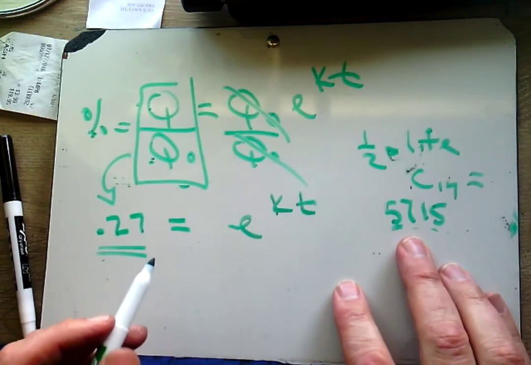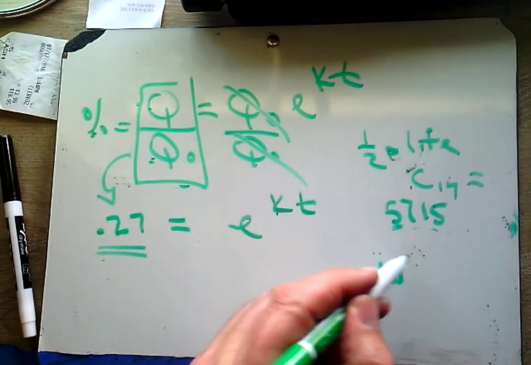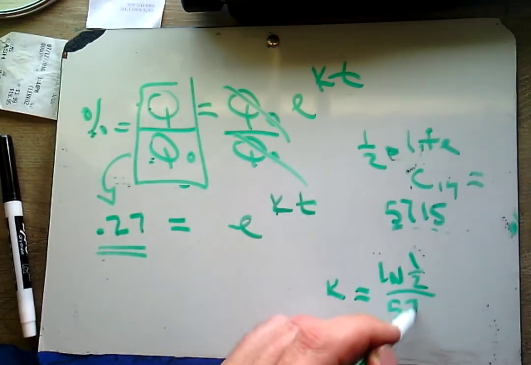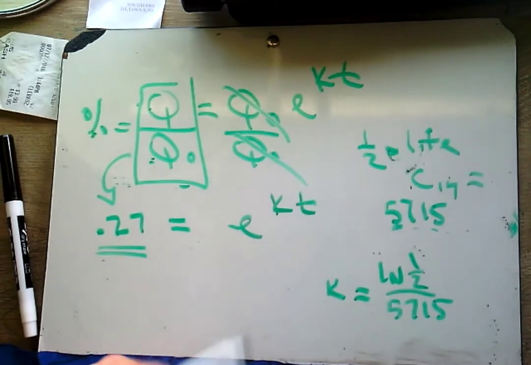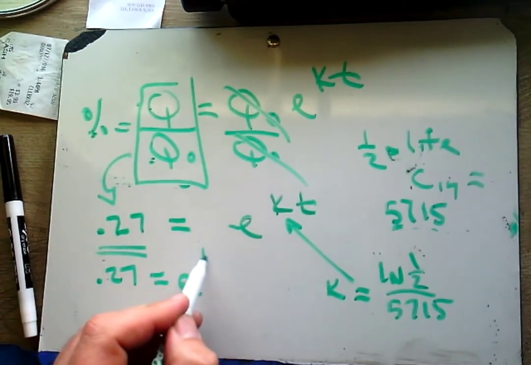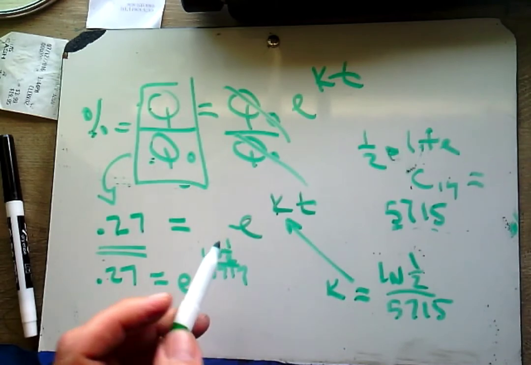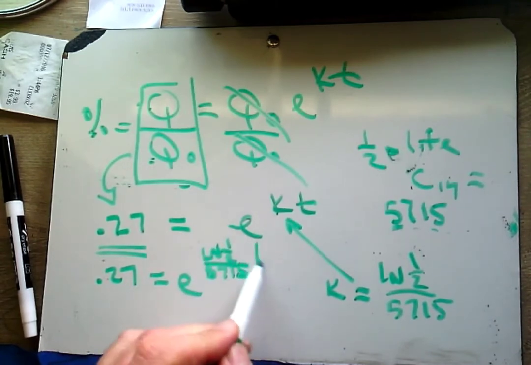Do you remember our shortcut for finding K in half-life problems? That's right, ln of a half over time to half-life. So I'm going to put this in here. And so now I've got 0.27 equals e to the ln of a half over 5715, no, 5715 t.